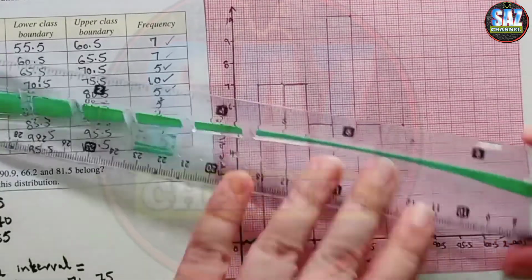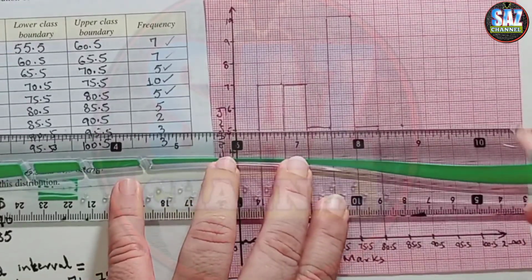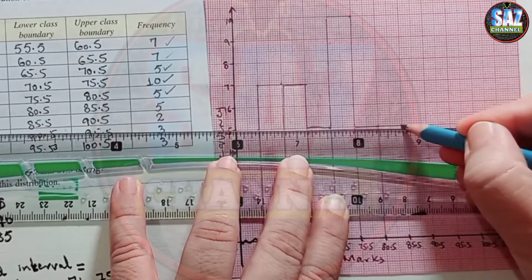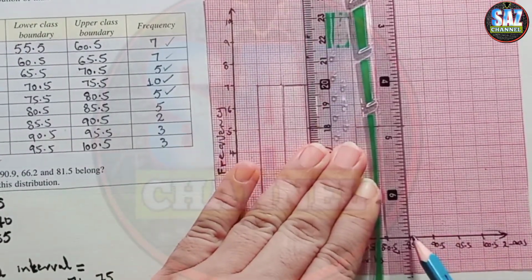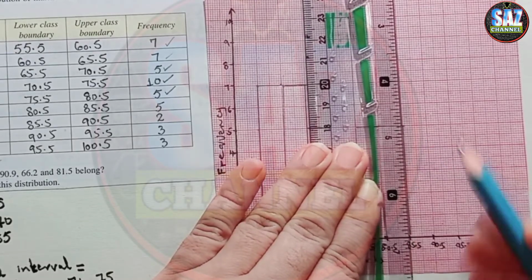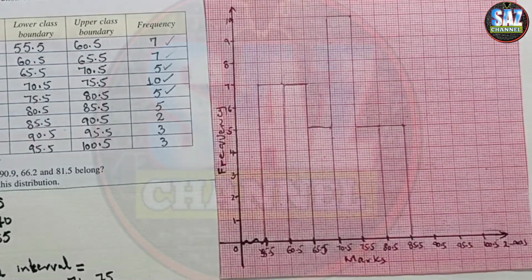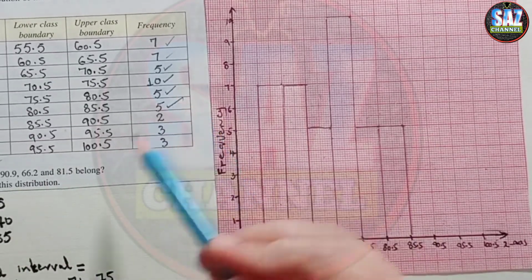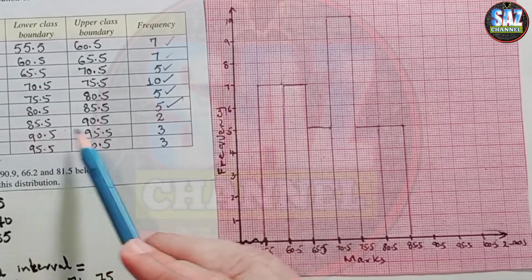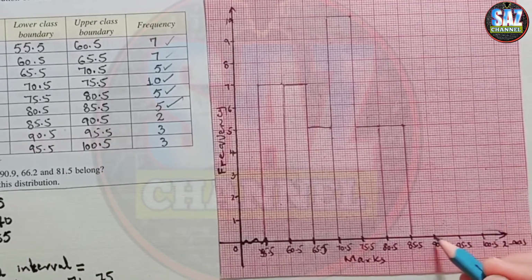Quickly, and in your O-level examination, you have to draw this graph with a black pen, because the papers go in the scanner, and the scanner will not be able to identify your pencil work. Then 85.5 to 90.5, the frequency is 2.